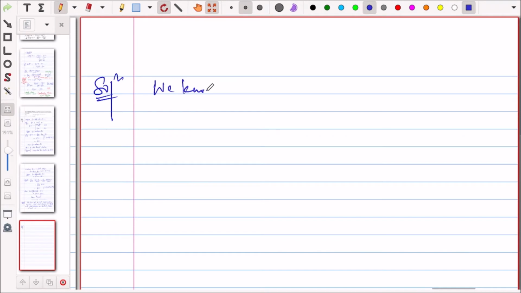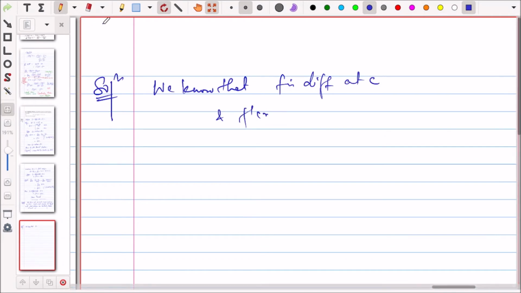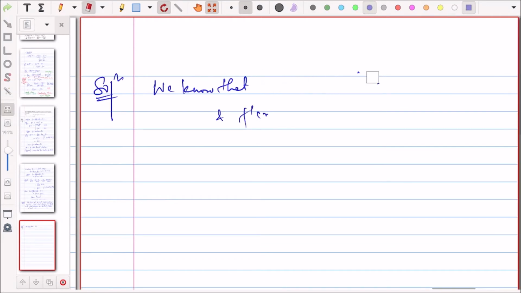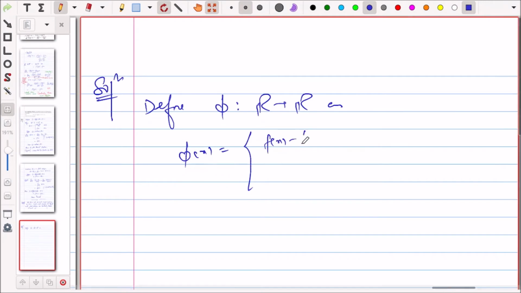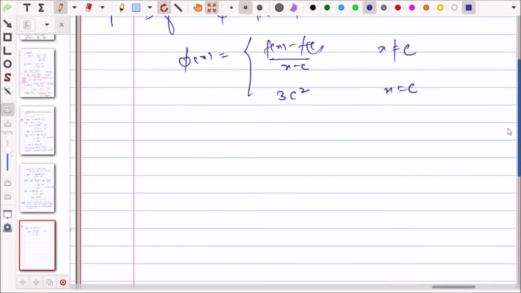We know that f is differentiable at c. So define phi from R to R as phi x equal to (f(x) minus f(c)) upon (x minus c) if x is not equal to c, and it is 3c square if x is equal to c. We know this by our knowledge.